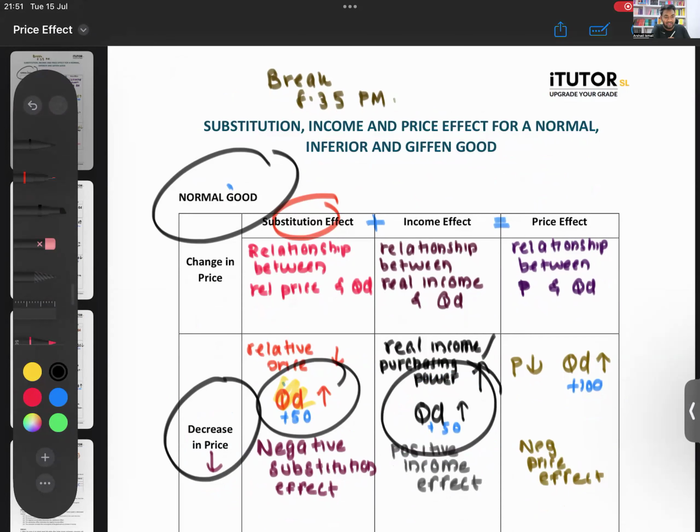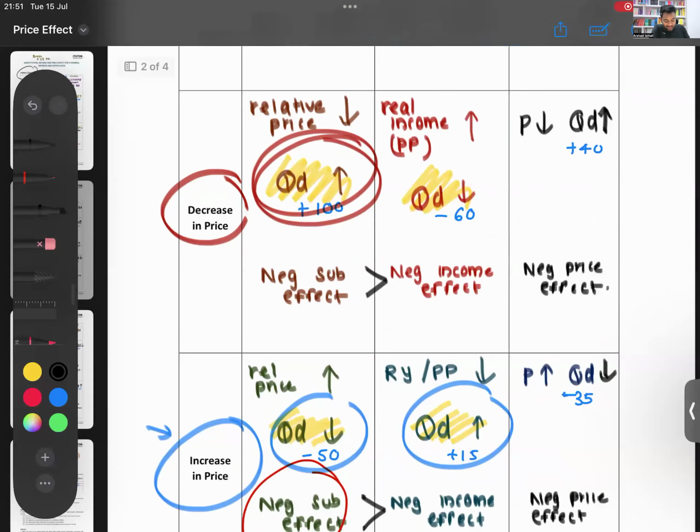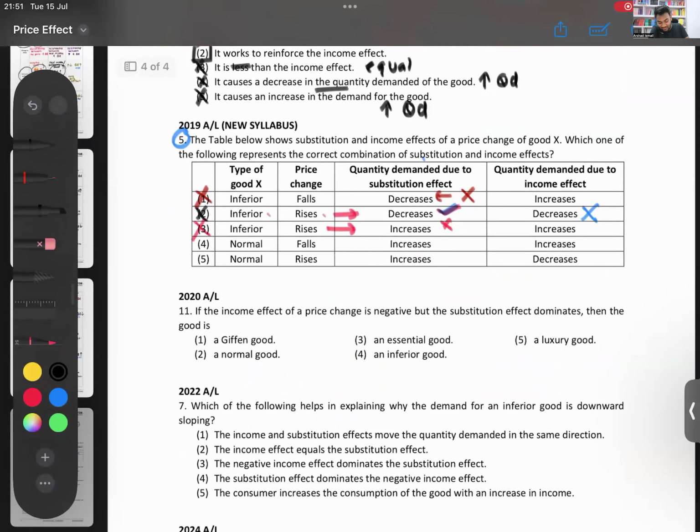Based on the income effect, also QD is increasing. So that is correct. Answer number 4 is correct. Last one: normal good price rises, then this has to be decrease and decrease. They're looking at what is happening to QD. So if you know the story, you can get that. That's the second question. Those two are typical questions.